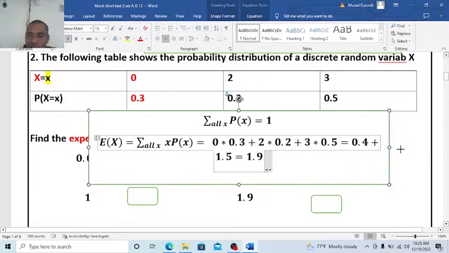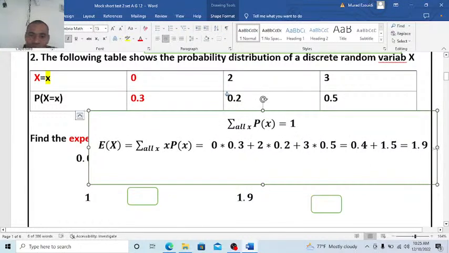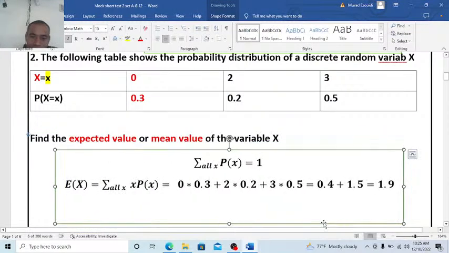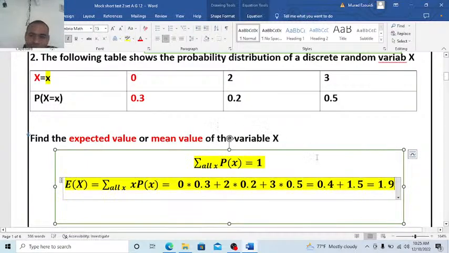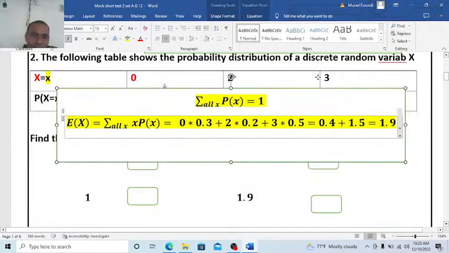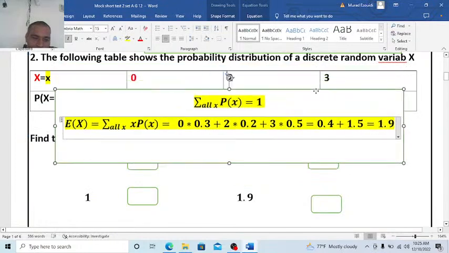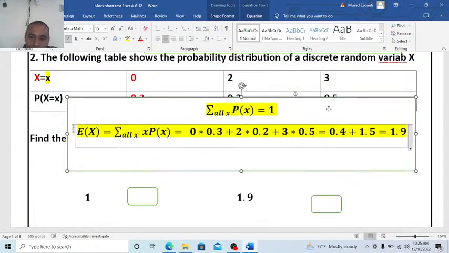So here, my learners, now at least you can figure out the expectation value or the mean. The correct answer, learners, is in fact 1.9. Among the options written here, the expectation value is 0.019, or 0.19, or 1.9.